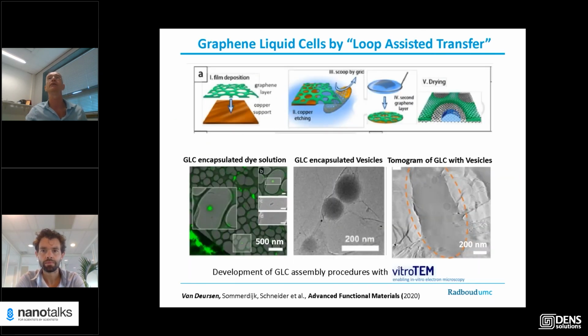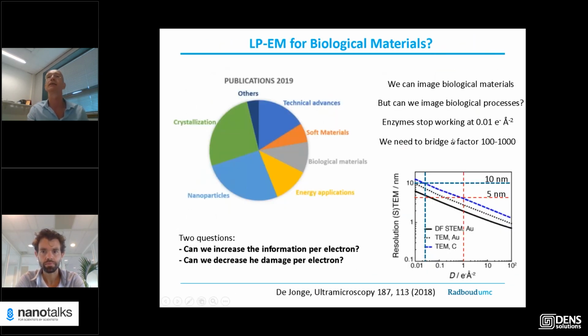If we go to this graph, we see that we have a limitation in the resolution that we can get from low contrast materials. We can hope to get a resolution of, let's say, a nanometer, if we can bridge this factor 100 to 1000 from the current state of the art.